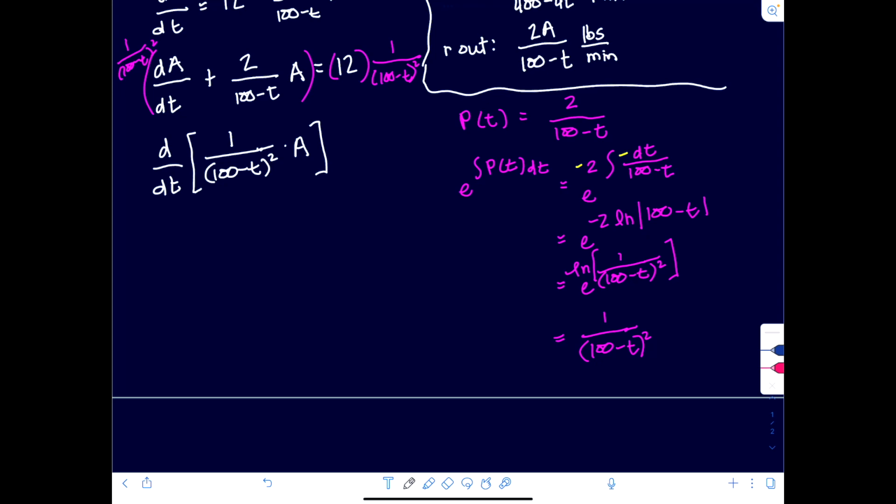If you were to multiply that through, you would get that same thing, and that's what we set up. And that's going to be 12 over 100 minus t, the quantity squared.